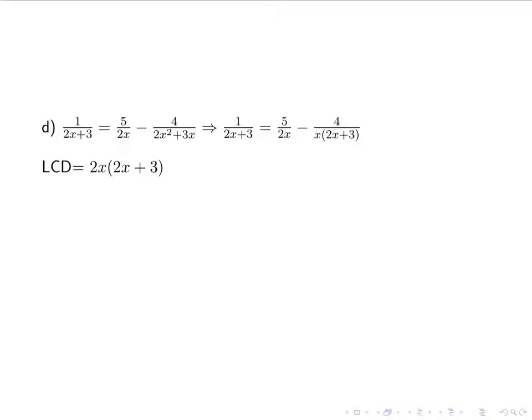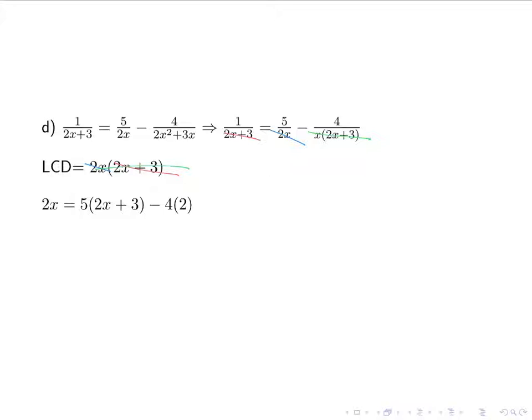I multiply everything by it. In my first term, the 2x plus 3's cancel, so I'm left with 1 times 2x. In my second term, the 2x's cancel, and I'm left with my numerator times the 2x plus 3. And in my third one, everything but the 2 cancels, so I've got the original negative 4 and then the 2 from the LCD.